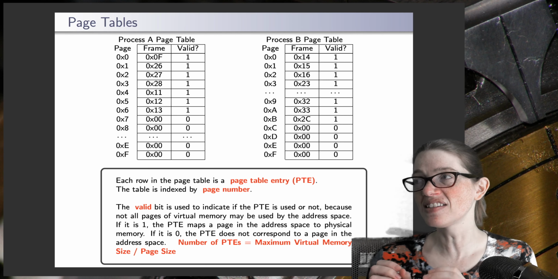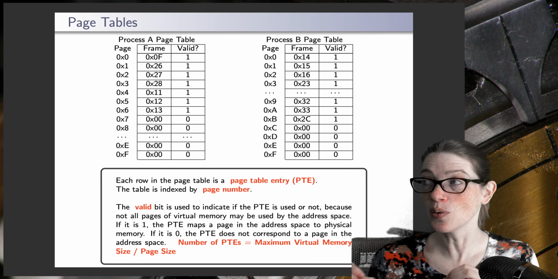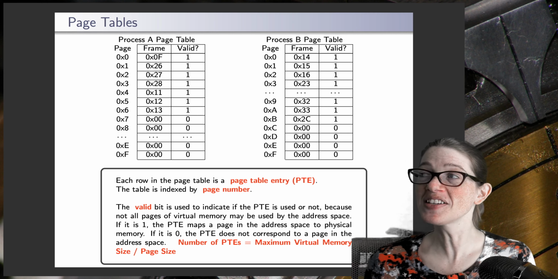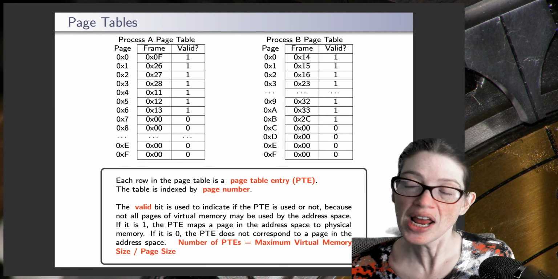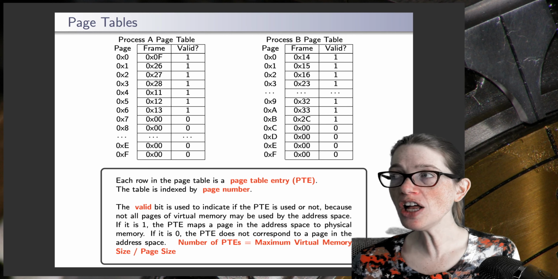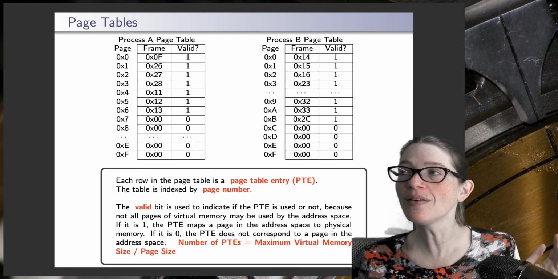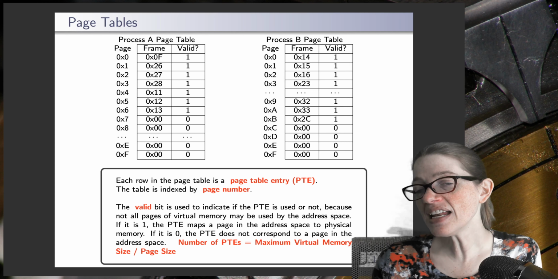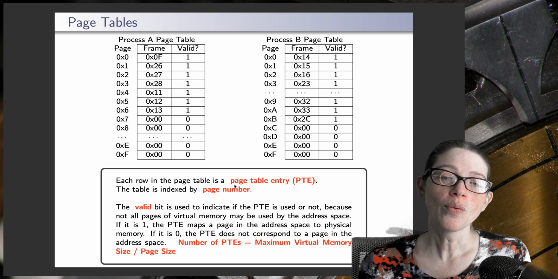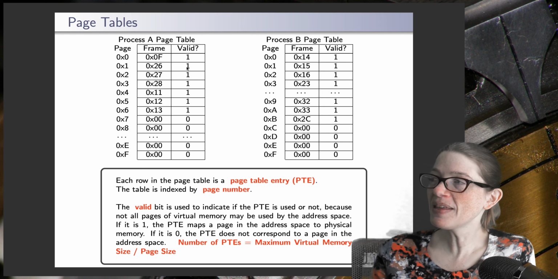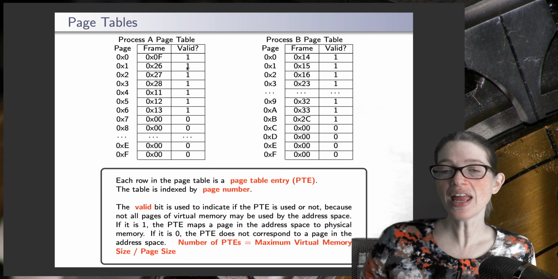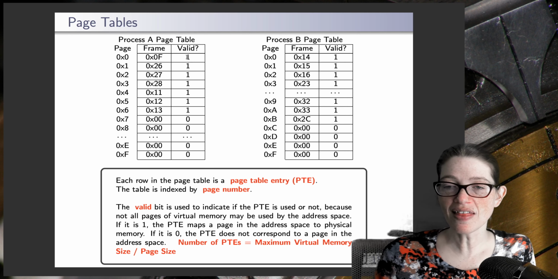Because the pages we are using are not contiguous, our page table must have an entry for every page in virtual memory. Not just the pages that we are using, but for every page of virtual memory. And then in each page table entry, we have to know whether we are using that entry or not. So we keep something known as the valid bit. So if that page table entry is in use, then the valid bit is 1.